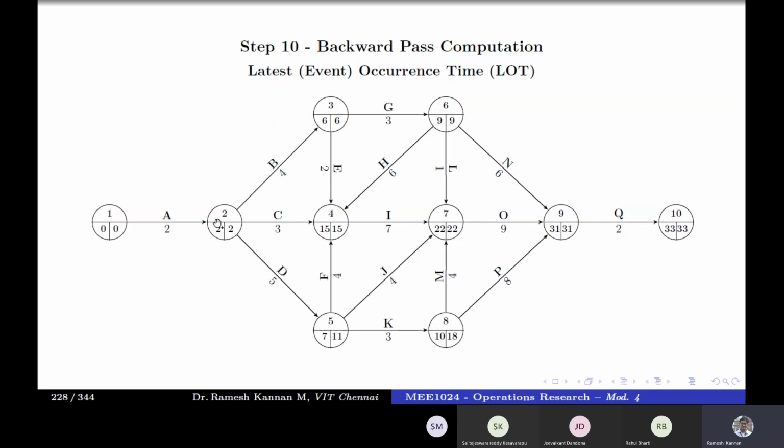Say for example 1 to 2, 2 to 3, and 3 to 6, and 6 to 9, and 9 to 10 can be a critical path. But interconnecting the critical events is called critical path, and we have no clue because even 1 to 2, 3 to 4, 4 to 7, 7 to 9, and 9 to 10 can also be a critical path.